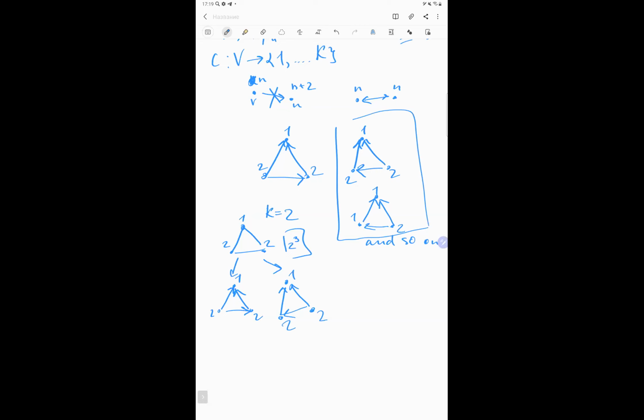Write down, please. 6 plus 6 plus 2 times 6. 2 times 6 is 24. Yeah. And this is exactly the result of substitution of -2 to the chromatic polynomial.